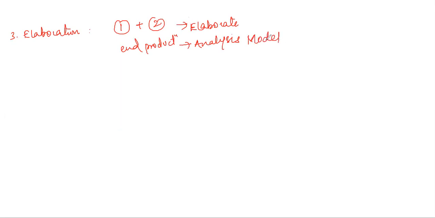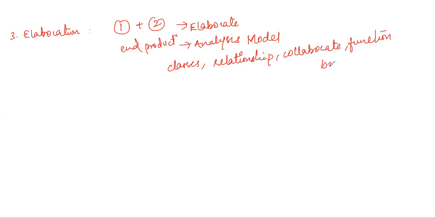Now within this analysis model, you're going to identify what are the different classes, what are the relationships of each class, and how these classes are going to collaborate. You're going to identify what are the different functions and the behavior, each and every thing is elaborated.